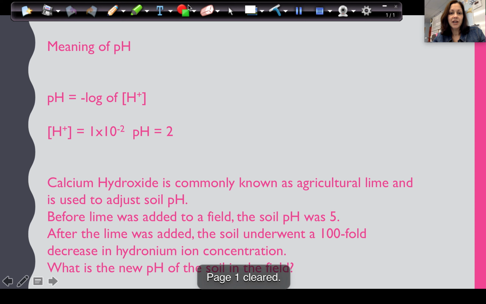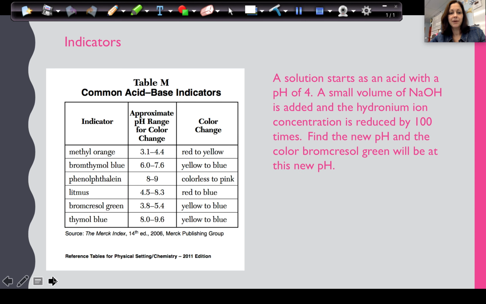You use the change in which kind of ion to decide whether the pH will go up or down by that many places. When we look at table M, we have some various indicators. If we look at this, for example, methyl orange changes from red to yellow in this range. That means that we have orange in the middle. So before a pH of 3.1, the color of that indicator is red.